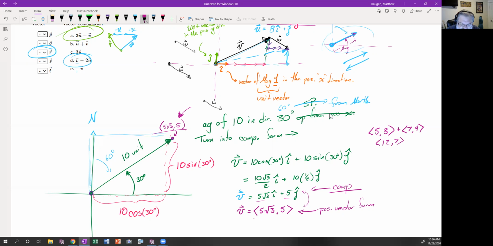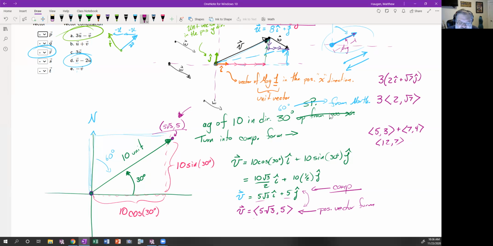Or when we start multiplying and I say 3 times this, weird notation, <2, square root of 7>. If I wrote this, you go, okay, what can I do? What can't I do? Versus writing 3 times (2i plus square root of 7j).